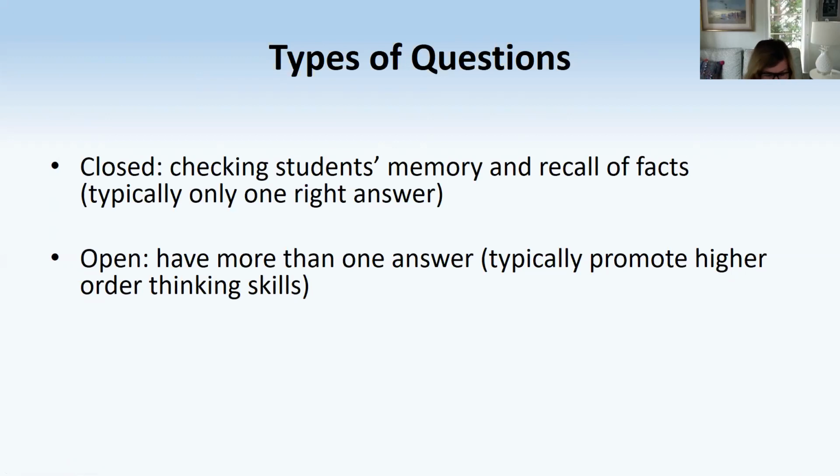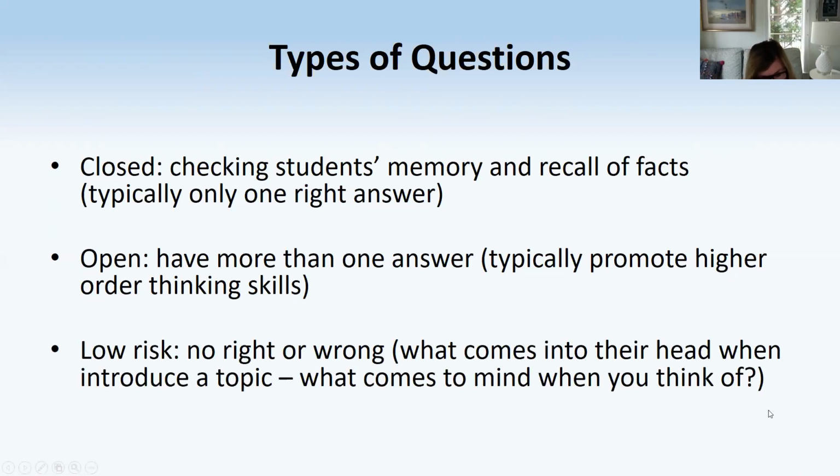How are they thinking about this math idea or this science idea? That's what you really want to know. And then a third, this idea of a low risk question, that it's not right or wrong. And I think, although I didn't have it on the screen, at some point Sharon Panisi asks the students at the beginning, what comes to mind when you think of coordinate graphing?